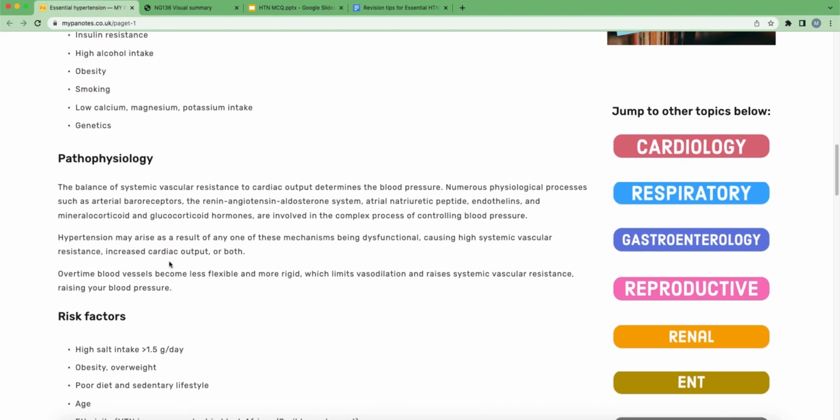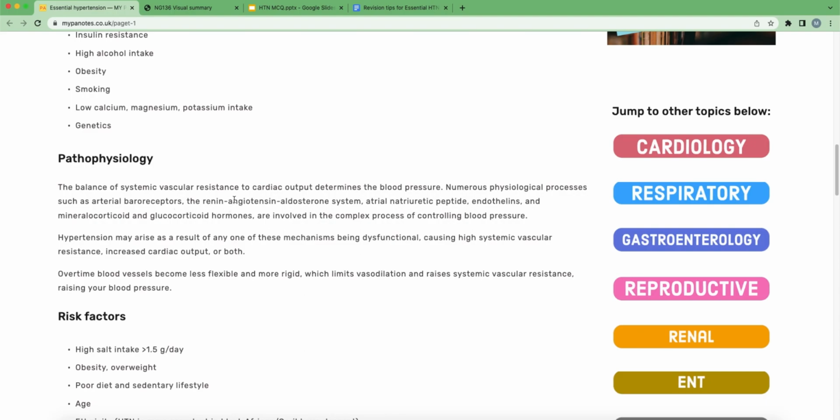So moving down to the pathophysiology. Well, there's a lot of jargon here. I try to make it as simple as I can, but it's difficult. So I'm probably going to have to read it from the website.